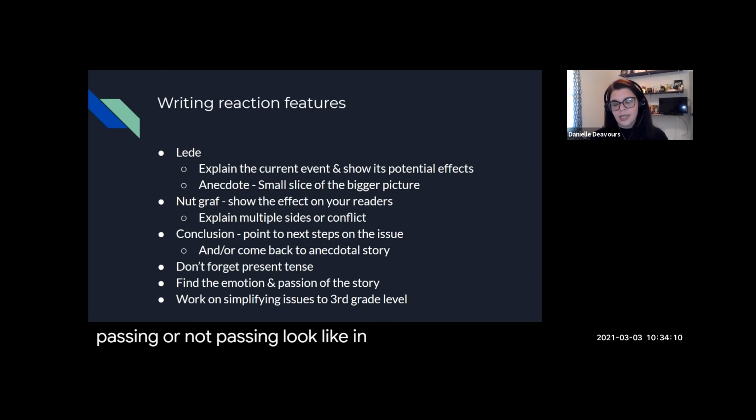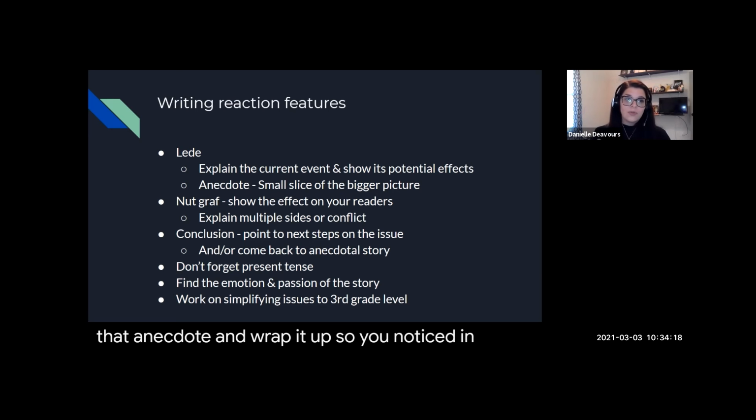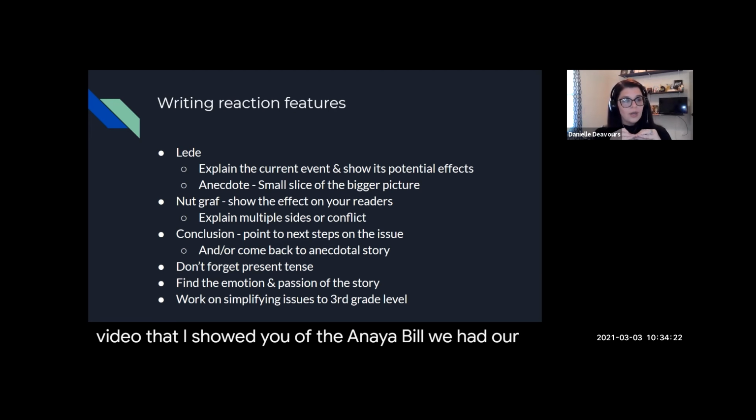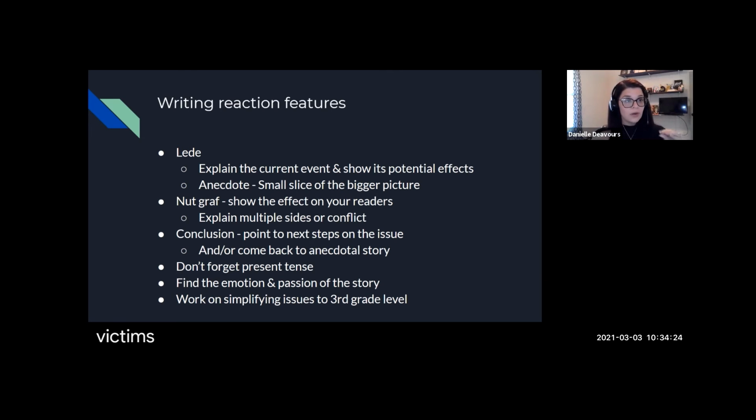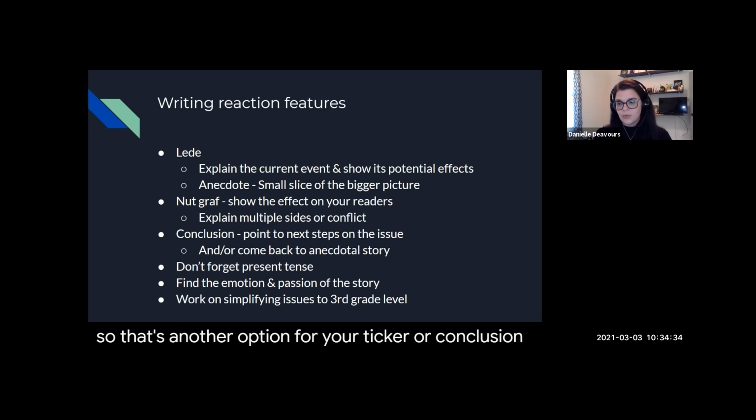In addition, if you're using an anecdote lead, you can also come back to that anecdote and wrap it up. You noticed in the video that I showed you of the Anaya bill, we had our victim's mother as the last soundbite, so that we come back to the story that we told at the beginning. That's another option for your kicker or conclusion in your writing.